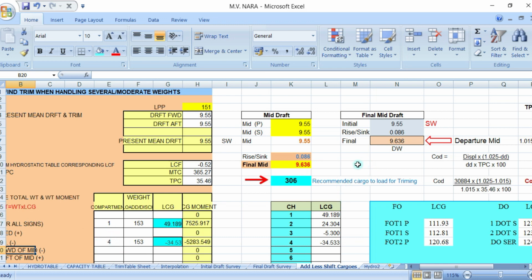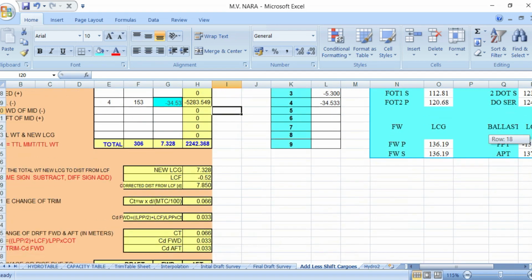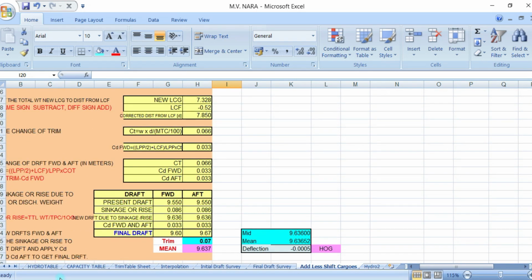So 306 divided by 2 is 153. You put in number 1, 153, and you put in number 2, 153. And your draft forward will be 9.60 and aft will be 9.67. They have a trim of 0.07 and your mean is 9.637.